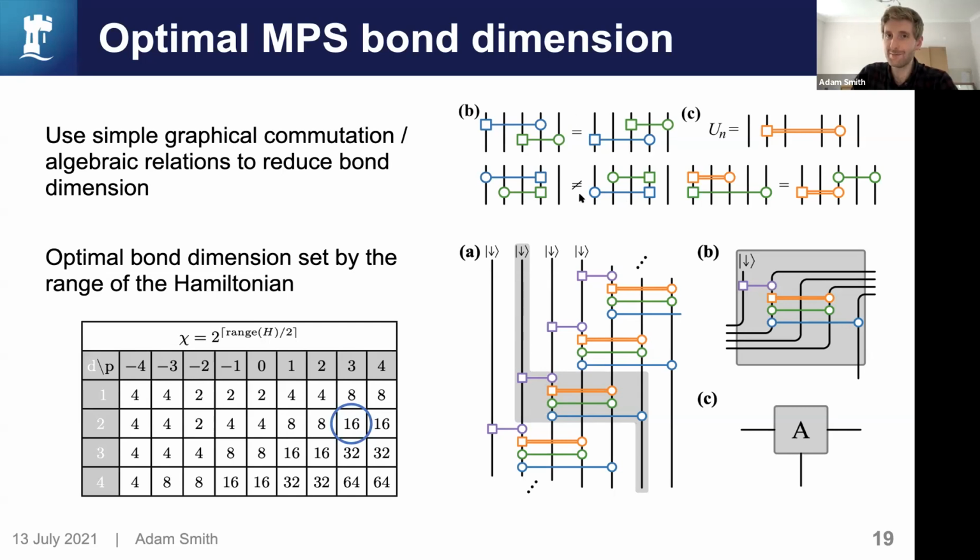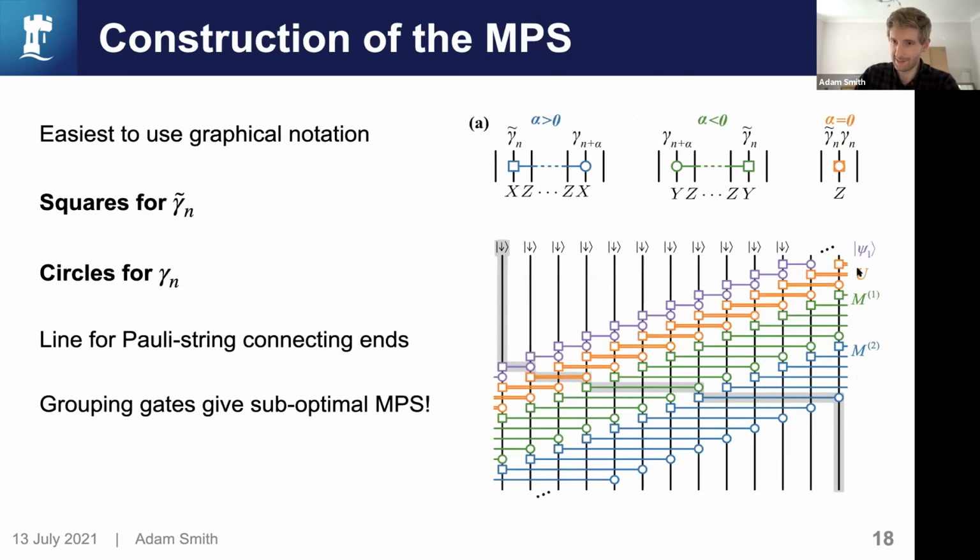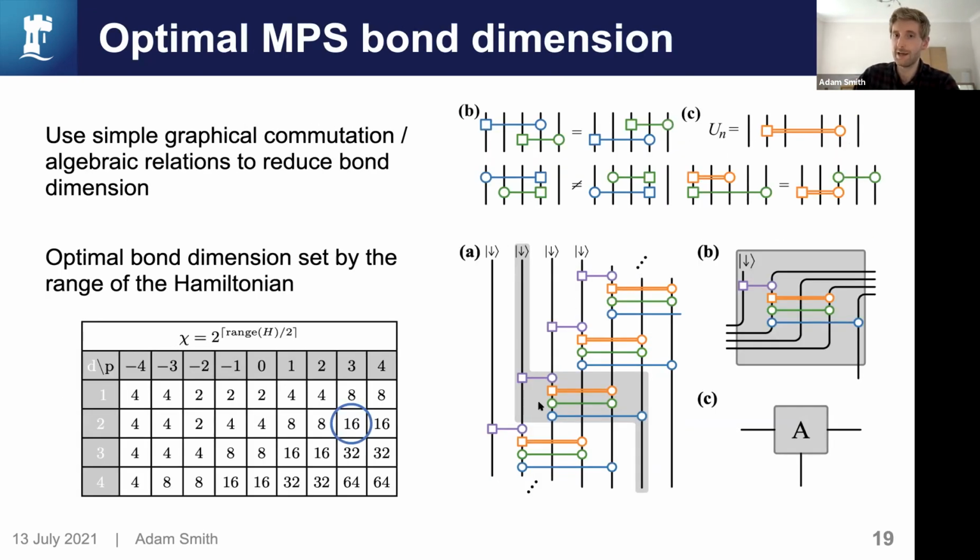This very simple graphical notation gives us an easy way to keep track of how we can manipulate these gates and commute them past each other. By playing games like this, we can bring it into this super simple form. This is exactly the same state; I've just done some rearrangement, and I end up with this.